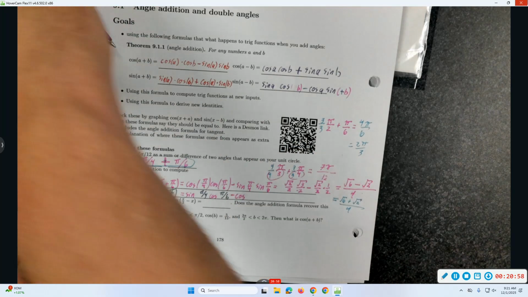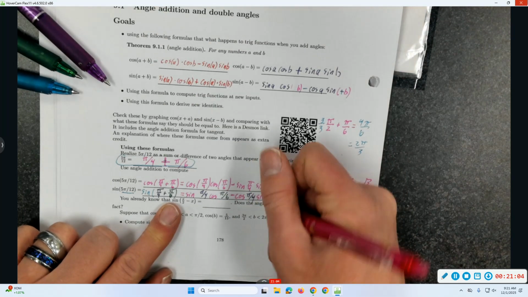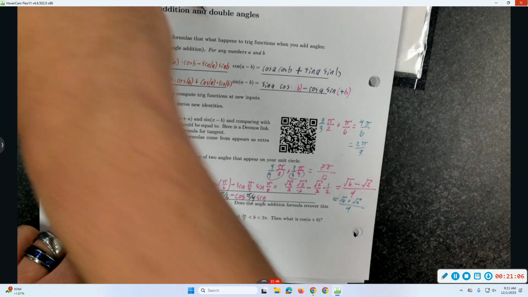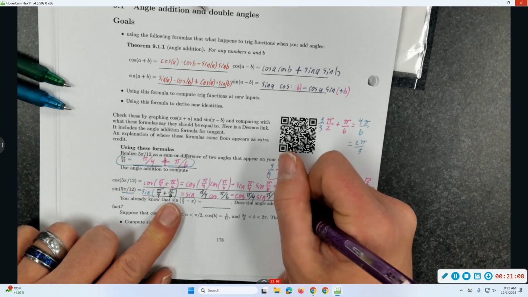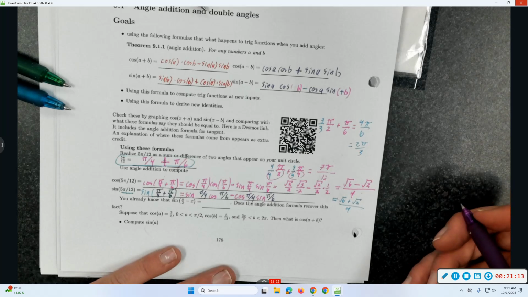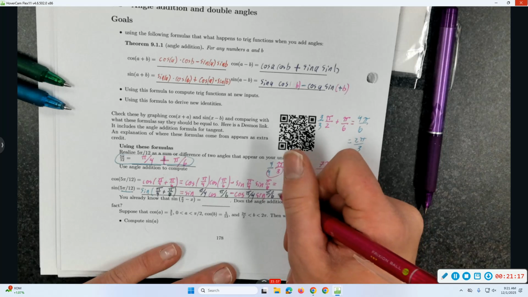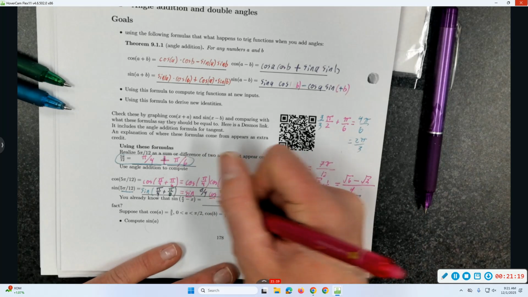Cosine pi over 4, sine pi over 6. I copied those things down correctly? Awesome. So now, all of these things are things that you see on the unit circle.